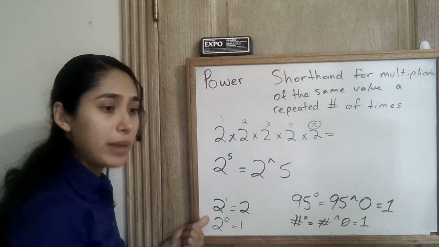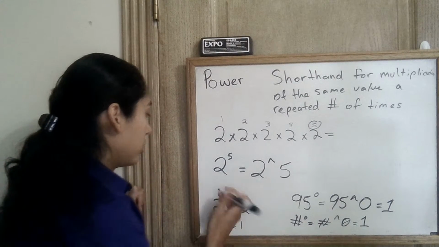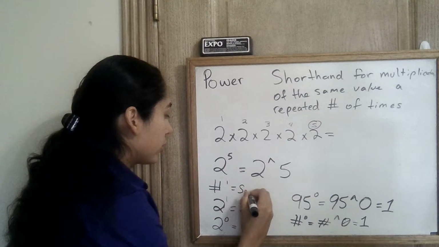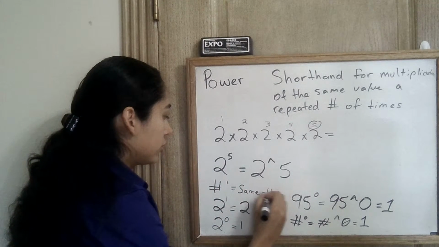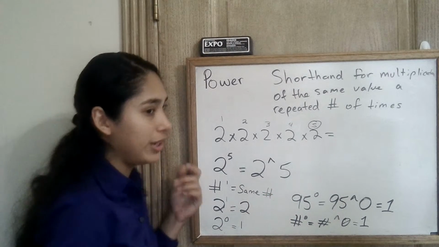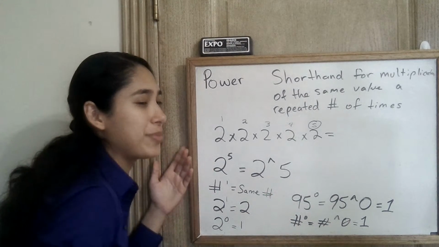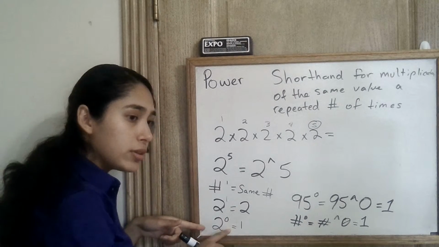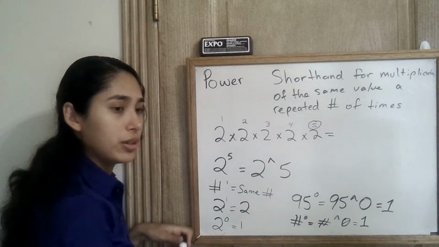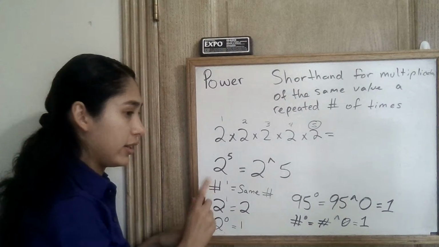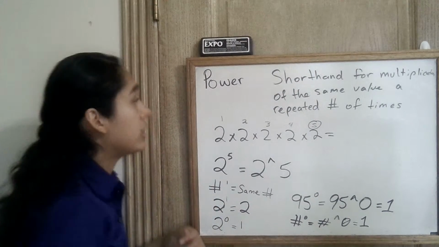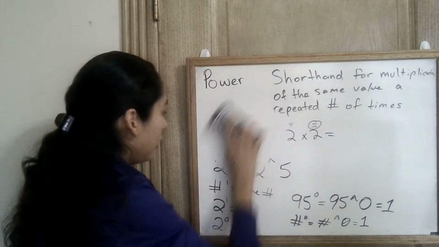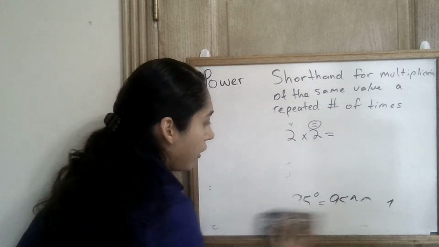A number to the power of 1 is the same number. And if you forget, your calculator won't. That's the beauty of it. Any number to the power of 0 is going to be equal to 1. Now let's go over negatives.